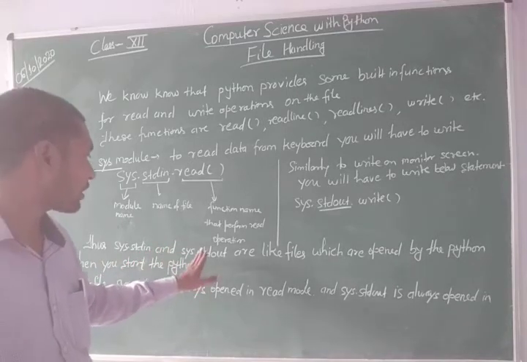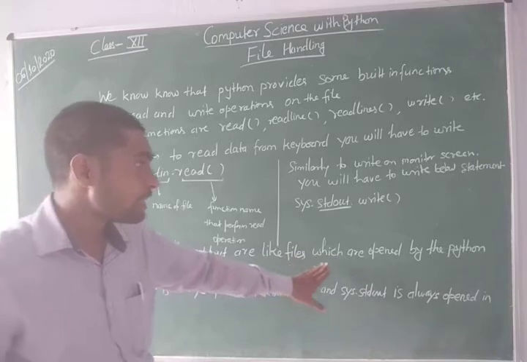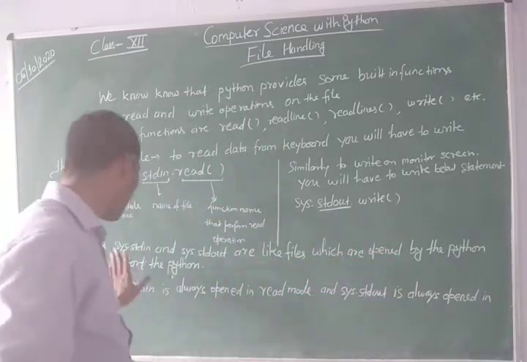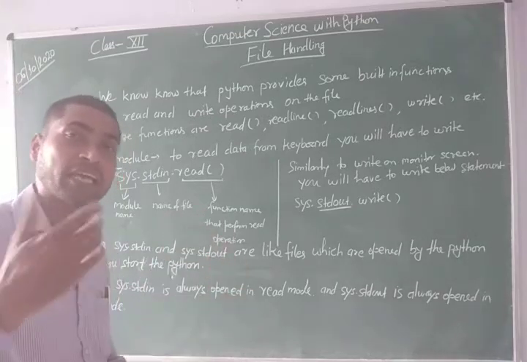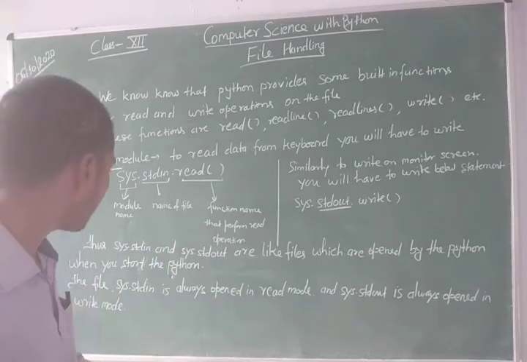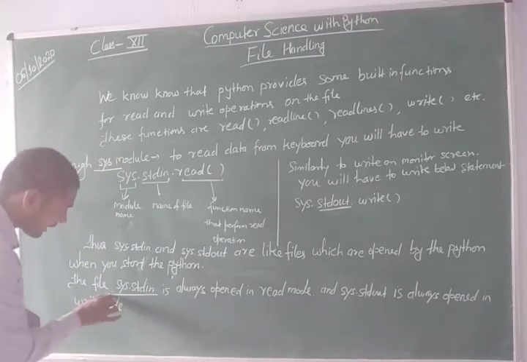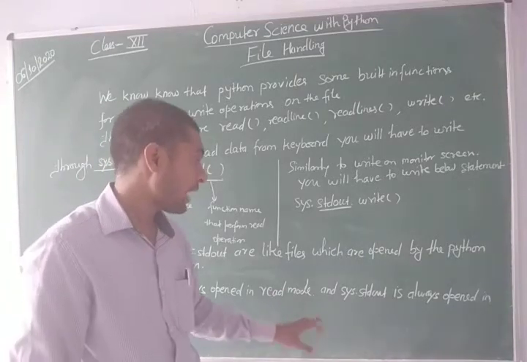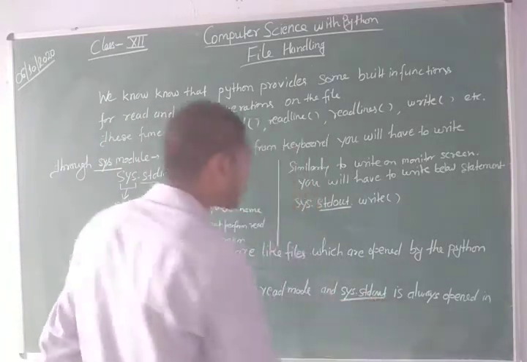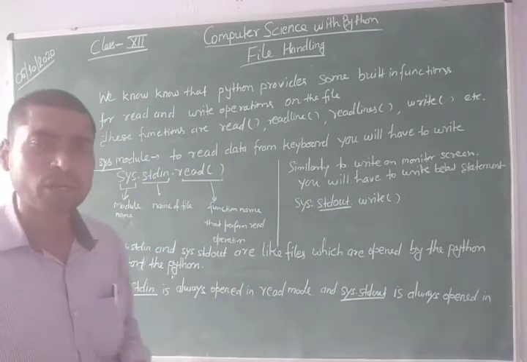Thus, sys.stdin and sys.stdout are just like files which are opened by Python when you start the program. These files are opened as soon as you start to work in Python. The file sys.stdin is always open in read mode, and the file sys.stdout is always open in write mode. This is very important.